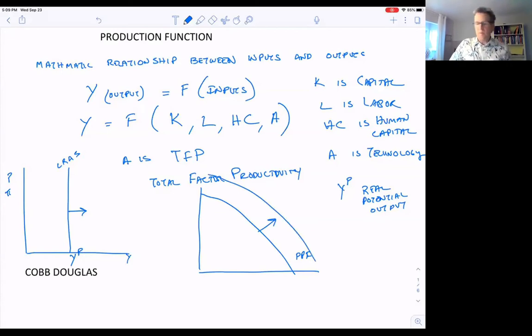If we have more people, more capital, more human capital, more technology, any of these things, it will push this PPF, or production possibility frontier, outward. And remember, the main reason to understand this production function is so we can understand growth. We want to know how countries grow. And we can represent growth by shifting out of this PPF or by the long run aggregate supply curve moving to the right.